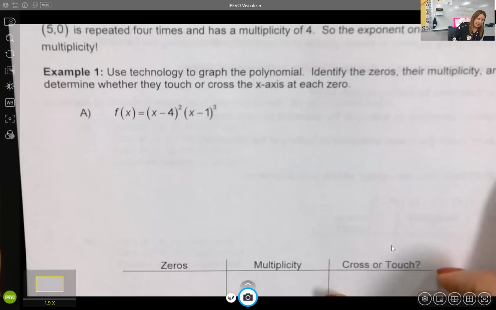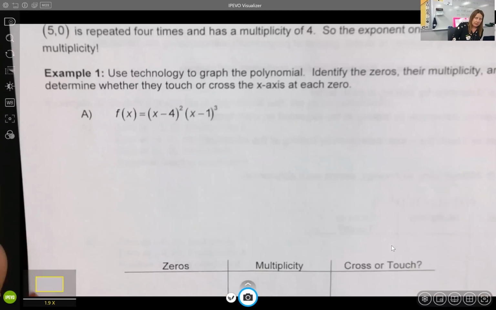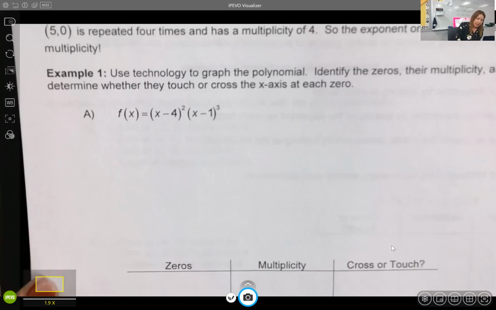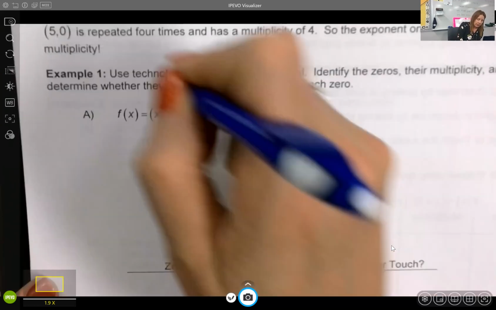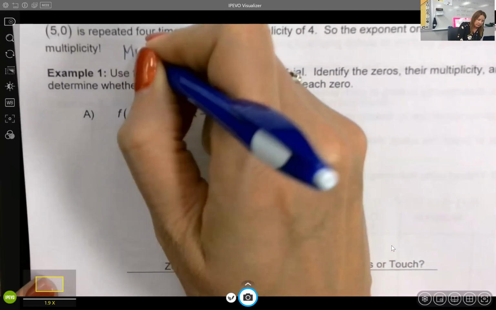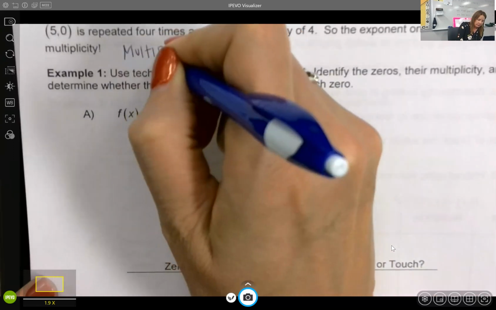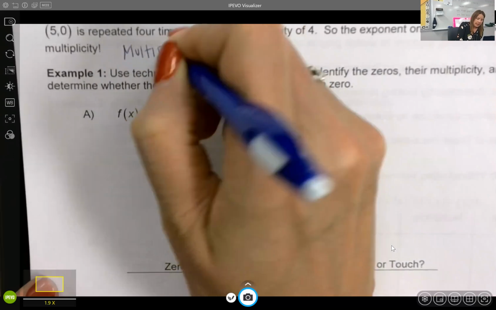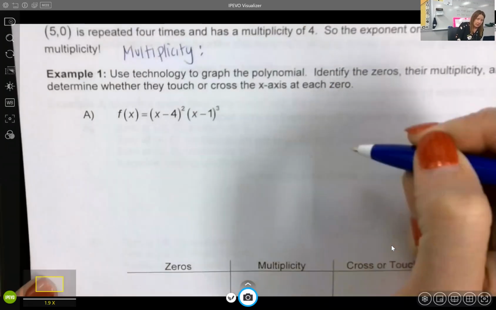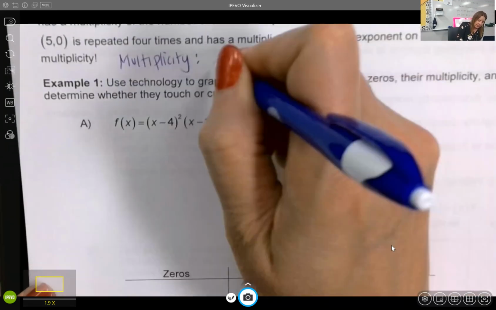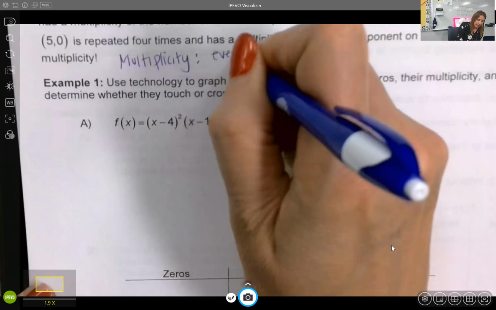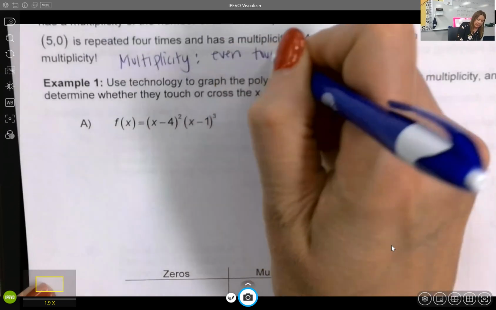Okay, so we're going to use this information to identify zeros and multiplicities. Okay, so what you need to know, let's just write it up here, is that if a multiplicity is an even number, then it will touch the x-axis.